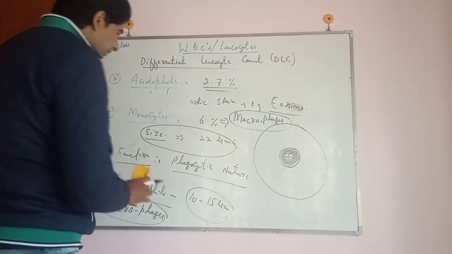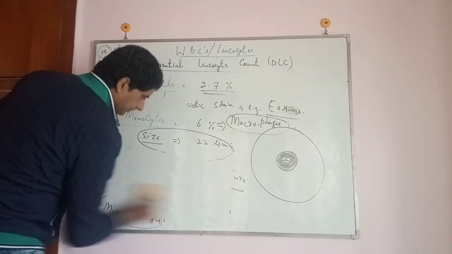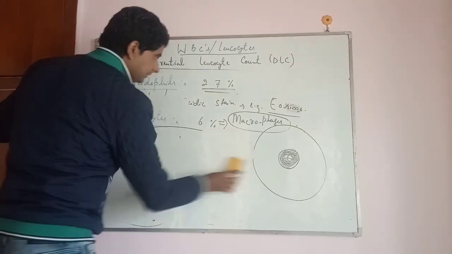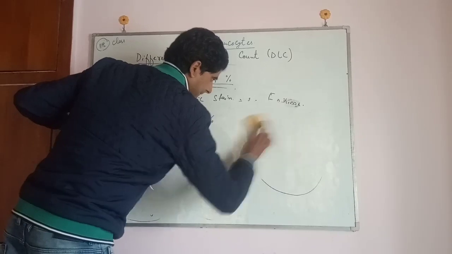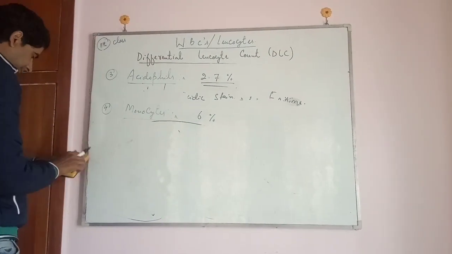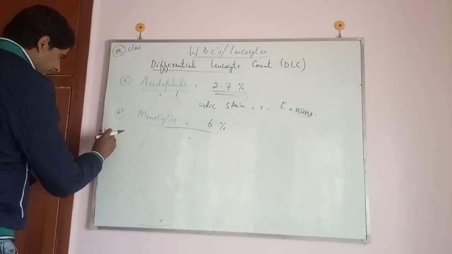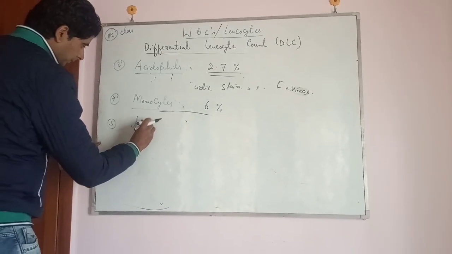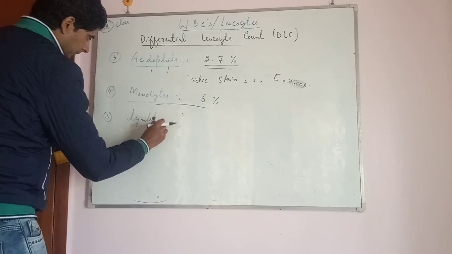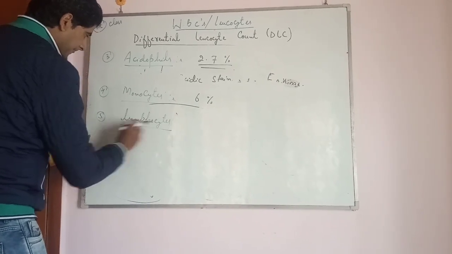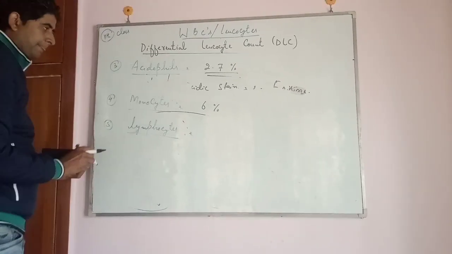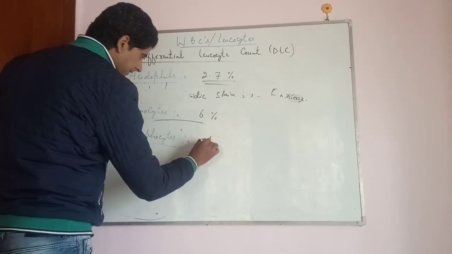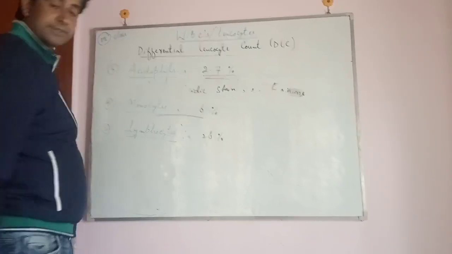Now moving towards the last WBC, that is the lymphocyte. The percentage of lymphocytes is near about 26%.